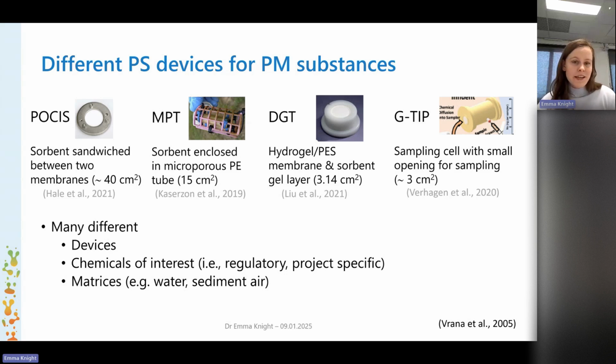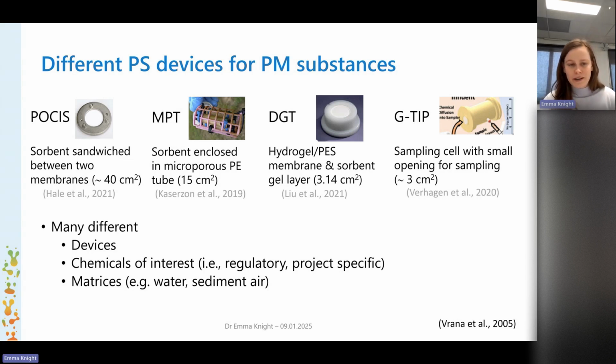And then the DGT is the diffusive gradient in thin films, which has a membrane of usually polyether sulfone. And underneath that is a hydrogel or agarose gel layer, and under that is your agarose gel embedded with your sorbent or receiving phase. And then we also have the gradient time integrative passive sampler, the GTIP, which uses water as the receiving phase with a membrane of nylon.